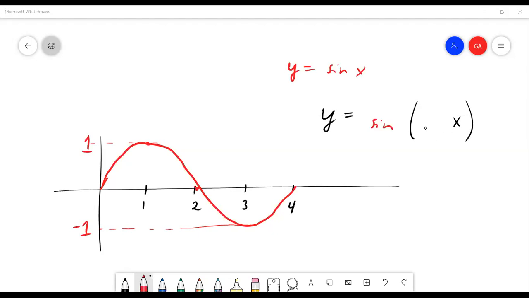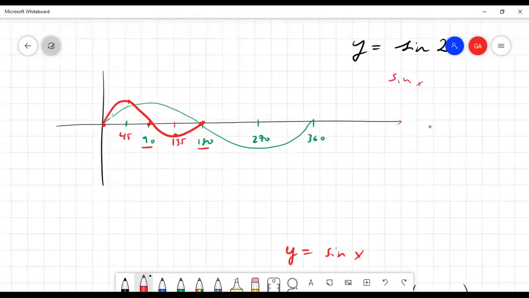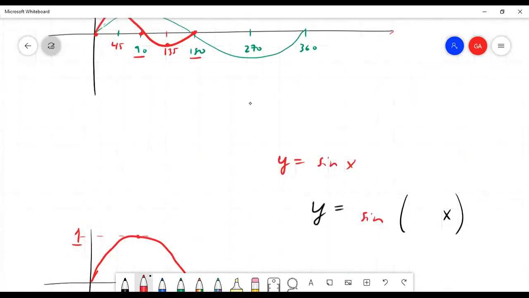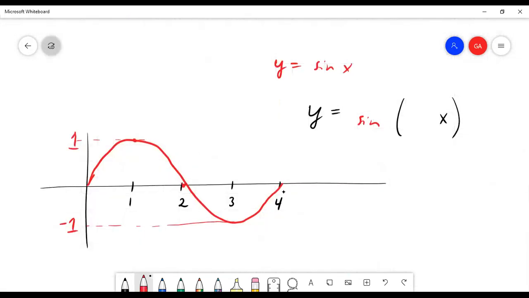What is that coefficient? Well, we know that when I multiplied this argument here by 2, that compressed everything by a factor of 2. So if I want this 360, if I want that number to now be 4, what do I need to multiply by?